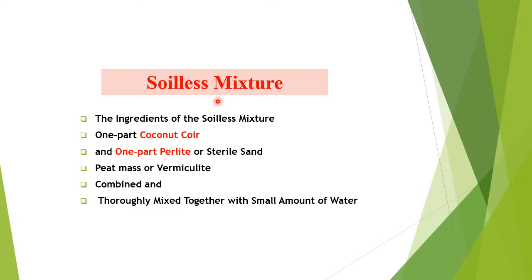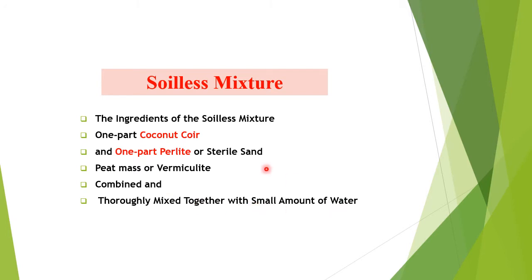There are soilless mixtures also available. The ingredients of the soilless mixtures include 1 part coconut coir and 1 part perlite or sterile sand, peat moss or vermiculite, combined and thoroughly mixed together with a small amount of water.